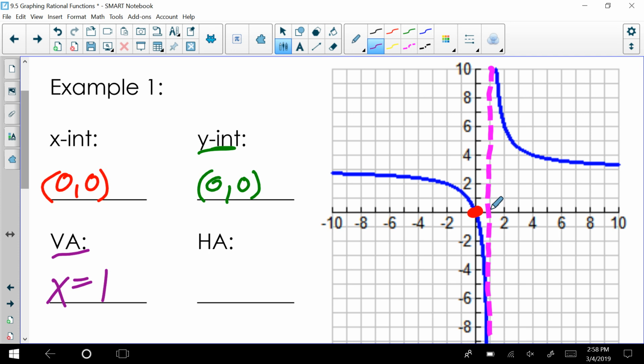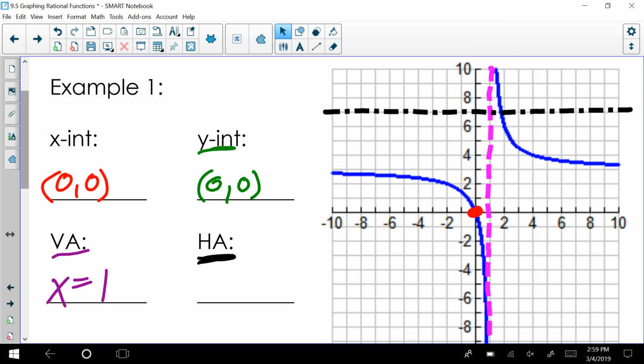It's right there at x equals 1. Of course, it's an x because it does go up and down. And then we tried to tackle the horizontal asymptote. Well, that means that it's a horizontal line, right? So maybe I'll just draw one of those, a horizontal line.